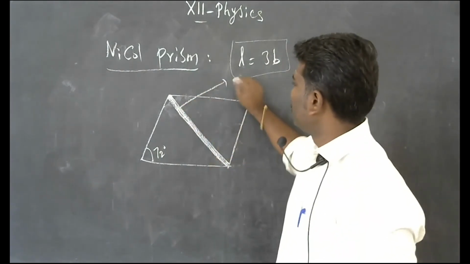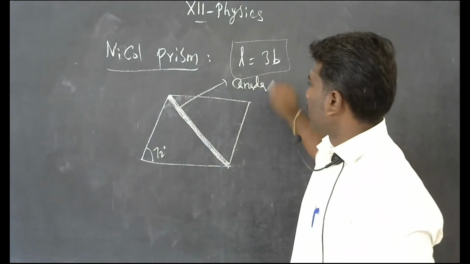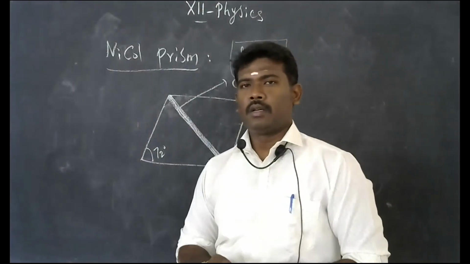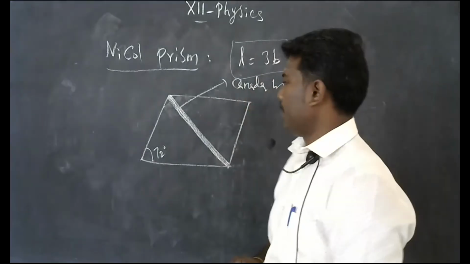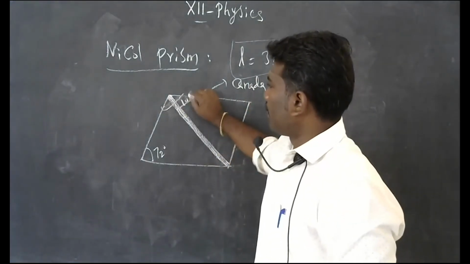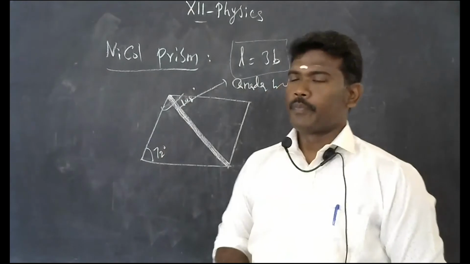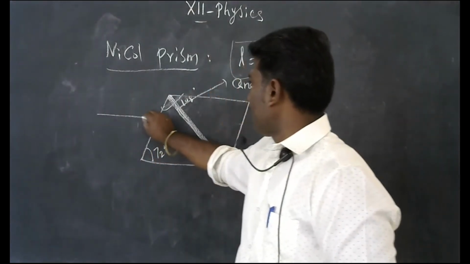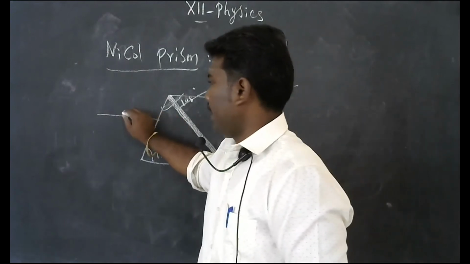So here the Canada balsam is a paste joining the divided material. This angle is 108 degrees, and this is 72 degrees. Now you allow a light ray to fall.